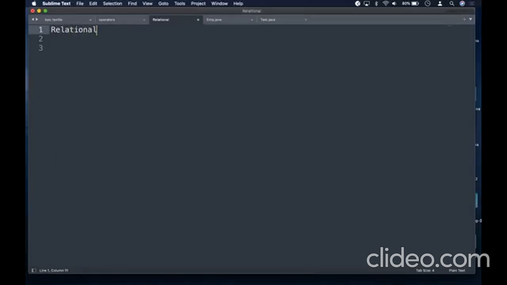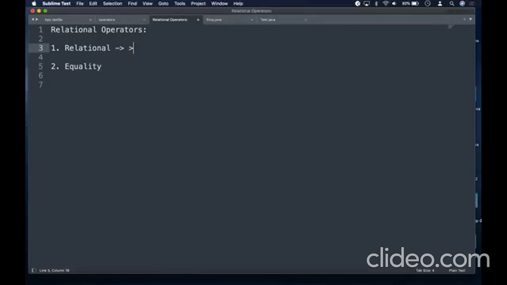Relational operators. These relational operators can also be divided into two groups. The first group we just say relational, especially in Java, and the second group we say equality operators. In C and C++ we say relational for everything, but in Java a separate thing was given.